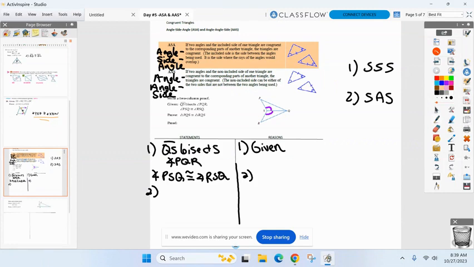Like I did with you yesterday, you can take my suggestion or not use it. That's fine with me, and I won't be offended. PSQ is congruent to RSQ. That gives me a pair of angles.